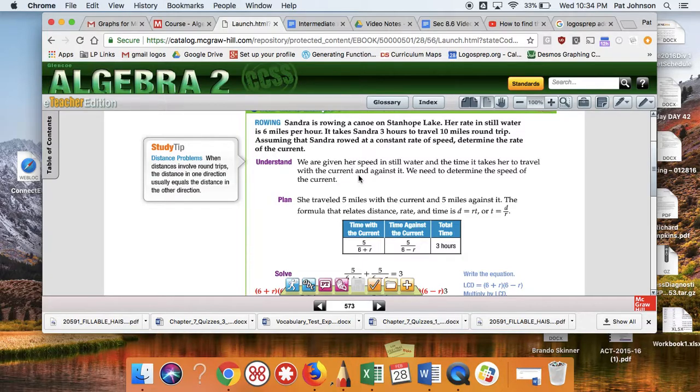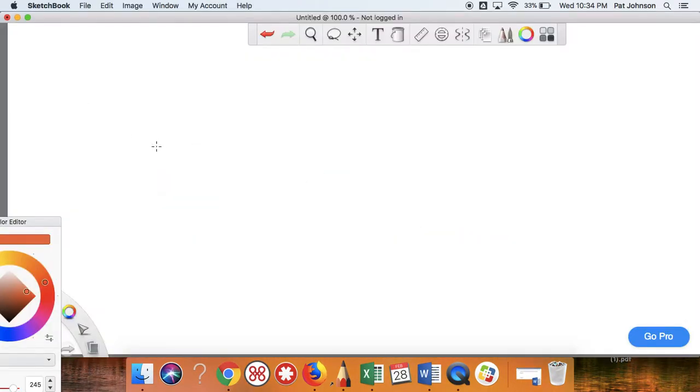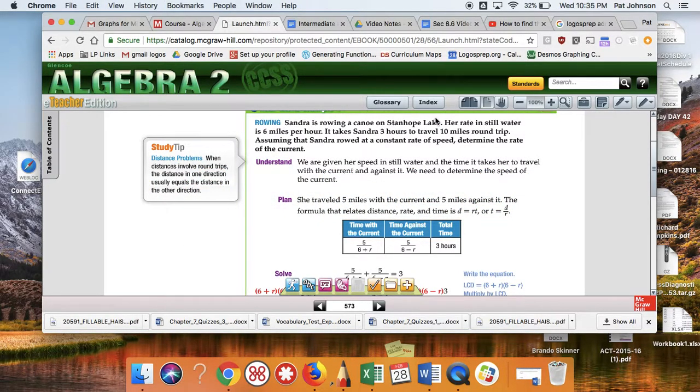Okay, so we're given her speed in still water and the time it takes her to travel with the current and against it. It takes 3 hours to go and come back, this T plus this T. So we know T1 plus T2 equals what? 3 hours. So that's the total time. What else do we know?